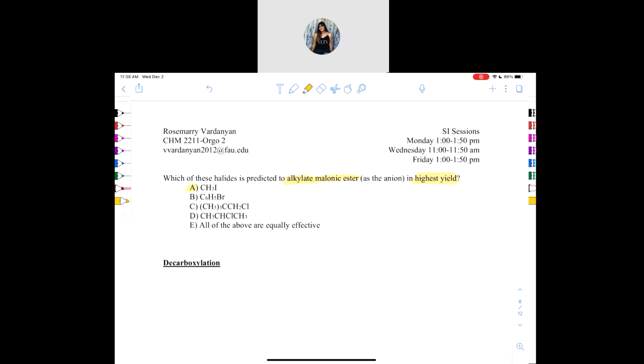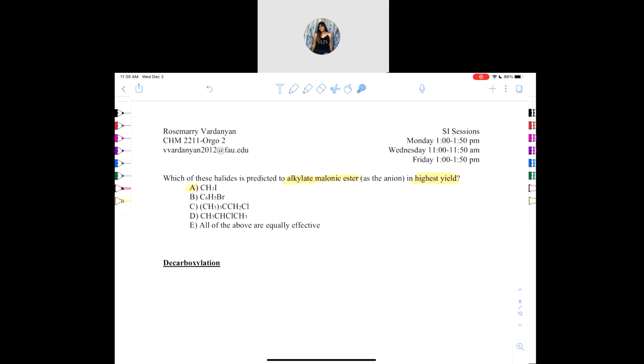For the purposes of this class, I don't think he'll give you both options, but you want the least bulky, so I would still go with methyl, even though I know there is some stuff about the benzylic position. And yes, I can go through it one more time. And then someone asked a great question, and it was, what if it was the acetoacetic ester synthesis? So it would actually be exactly the same logic behind it. So we would get the same answer.